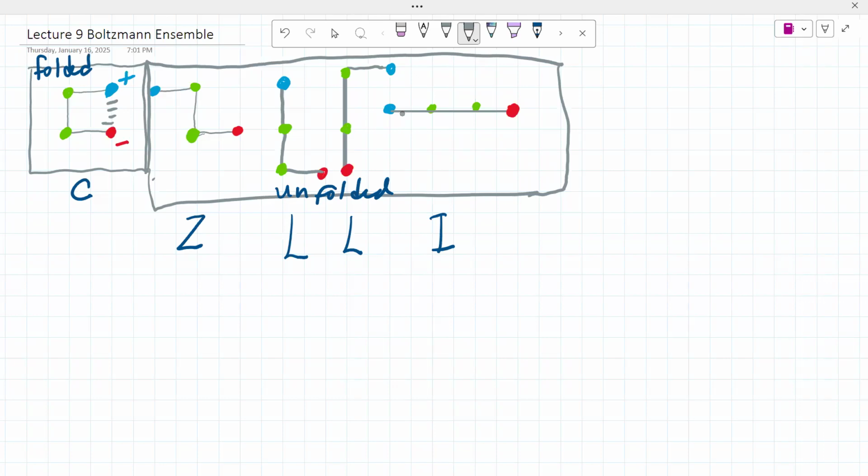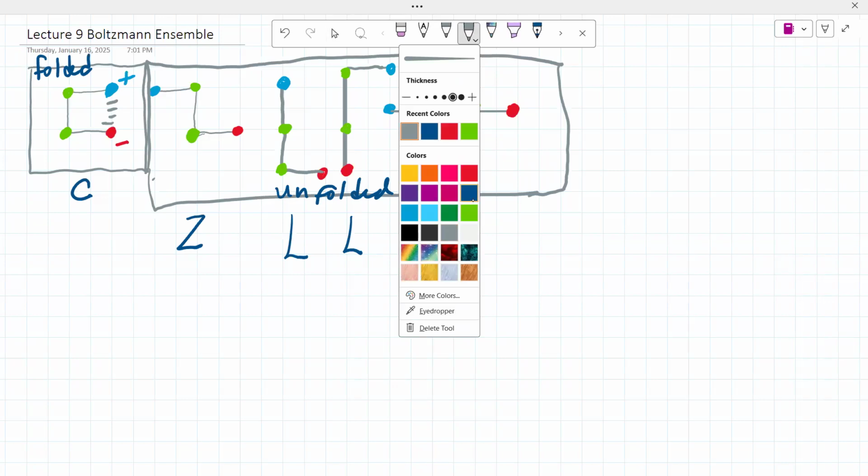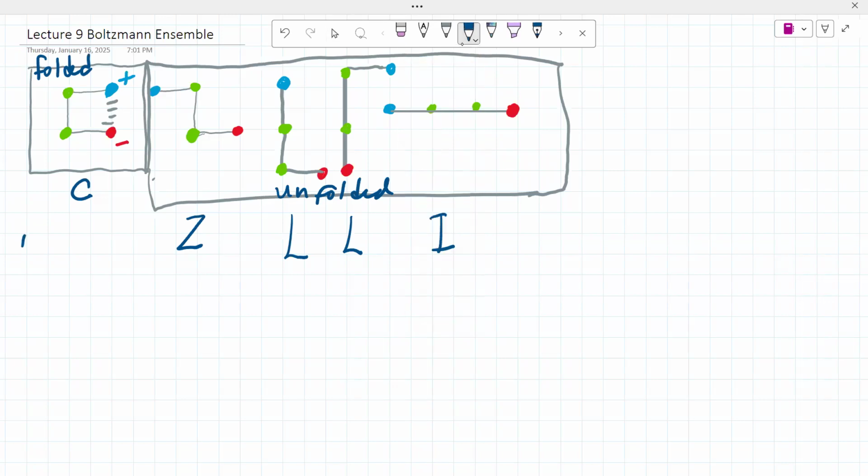So this will be our reference state. And now what we're going to do is we're going to calculate how much energy these are worth. So I'm going to start all the way here on the right. This is the completely unfolded one. Nothing is interacting with anything.